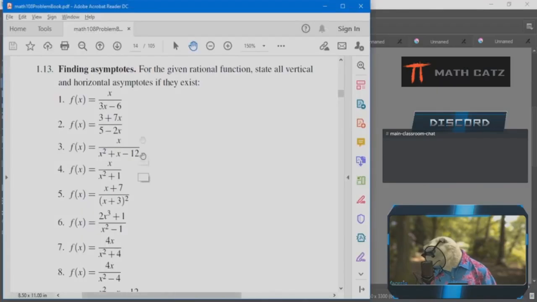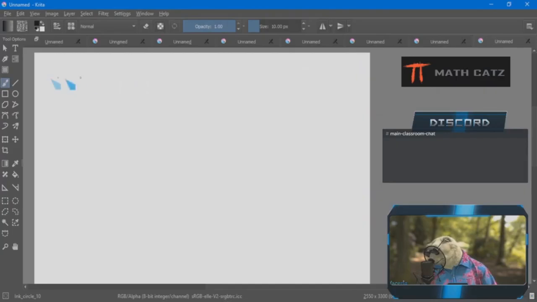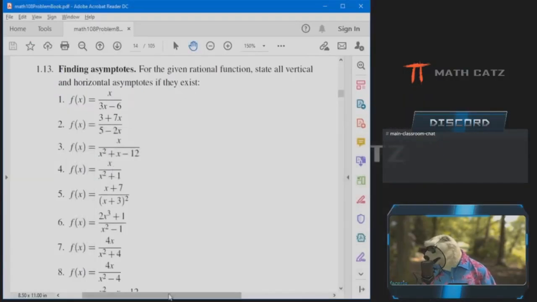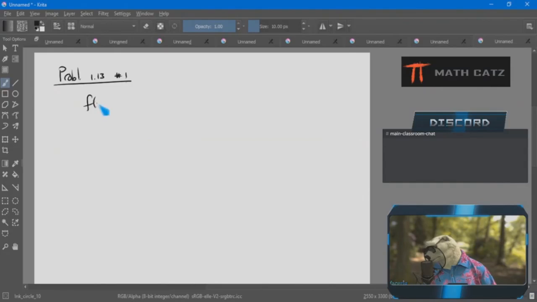Where's my problem here? So, for example, we could do number 1. Number 1 is a perfectly good question. Problem 113, number 1. There's not a lot of calculations involved. I simply have to state what the asymptotes are, if any.